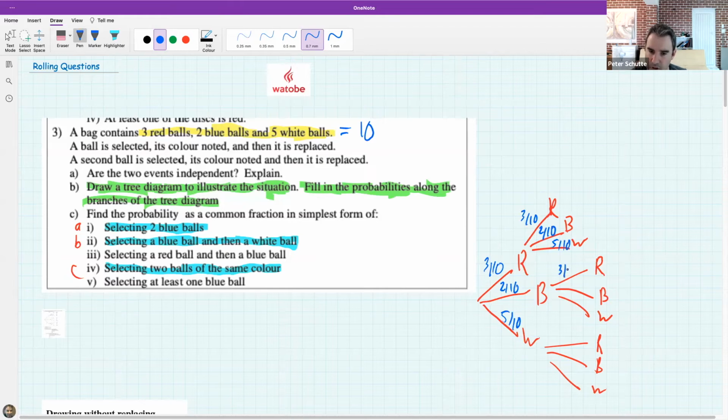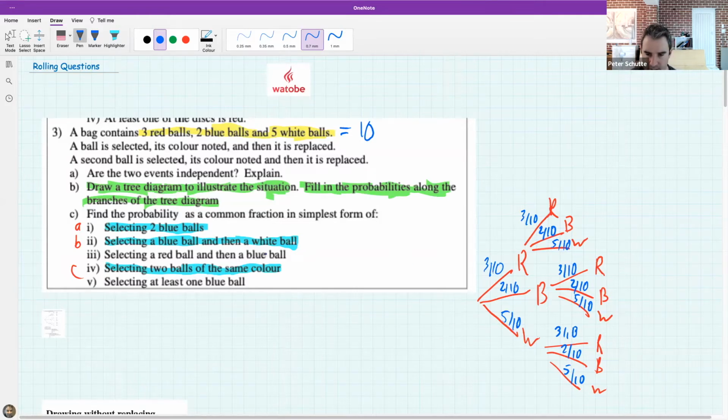Okay, you probably don't have to do as much writing as I'm doing. So that's what your probability tree should look like. And you can see the different results like red, red, red, blue, red, white.